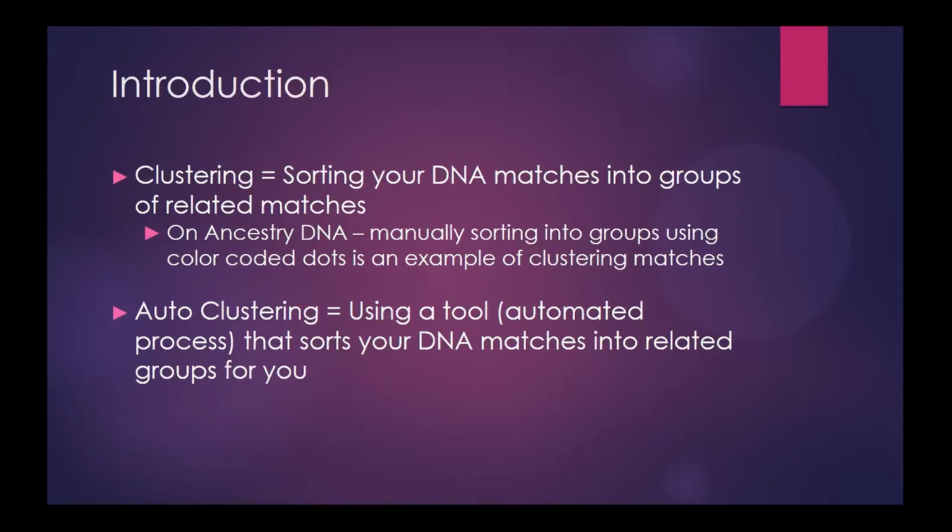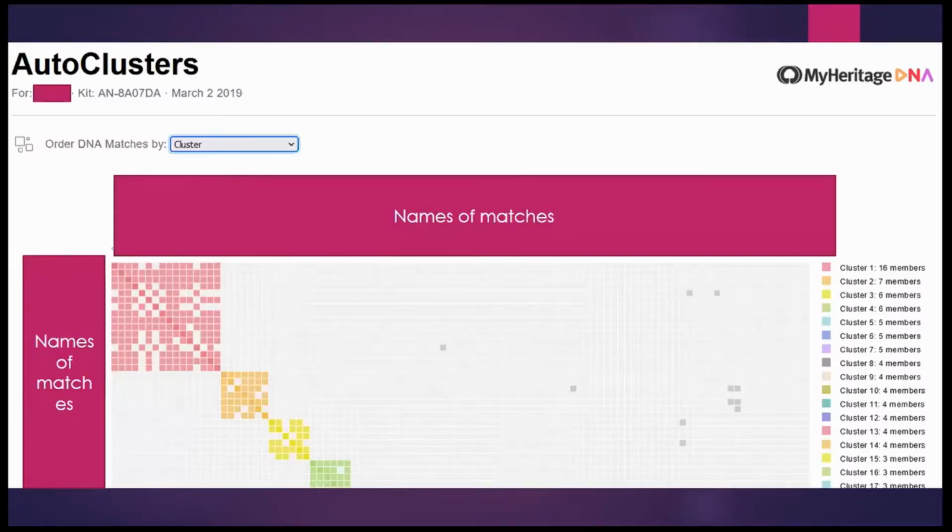And when you get the report back from the tool, it will look something like this. Each of the colored squares, like this pink square, the orange square, the yellow square, are clusters of related matches. So you would expect them all to be descended from a common ancestor couple.